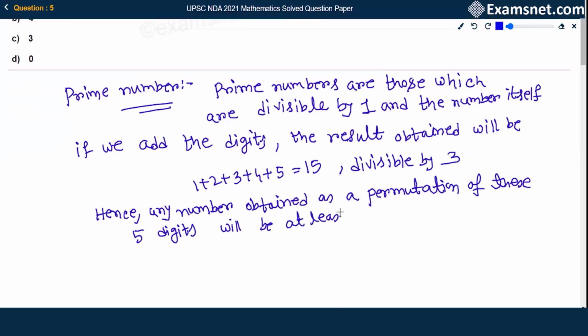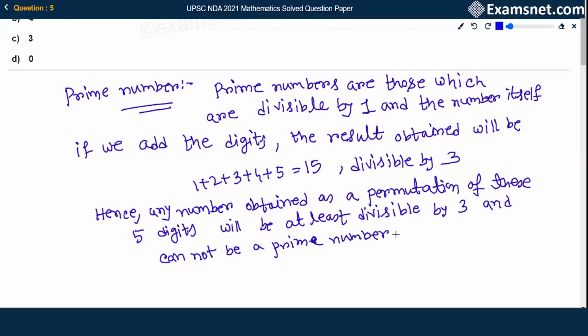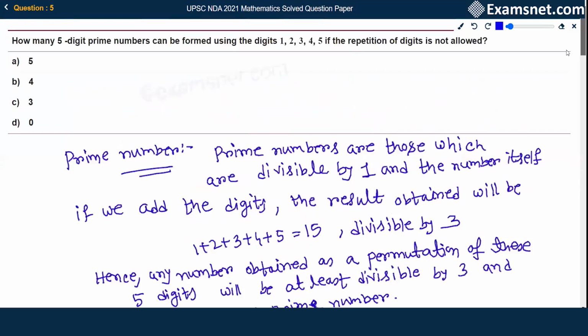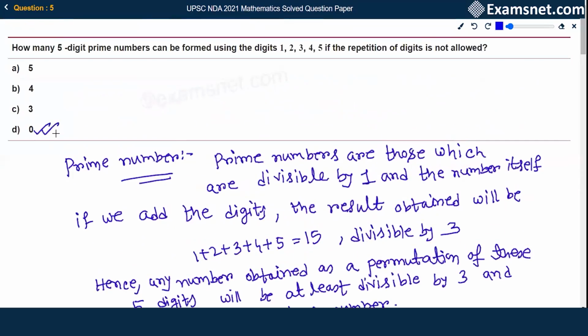And we have proved that it is divisible by 3 and cannot be a prime number for that reason. That's why here option 0 is the correct answer. How many 5-digit prime numbers? There is none. So the correct answer is 0.